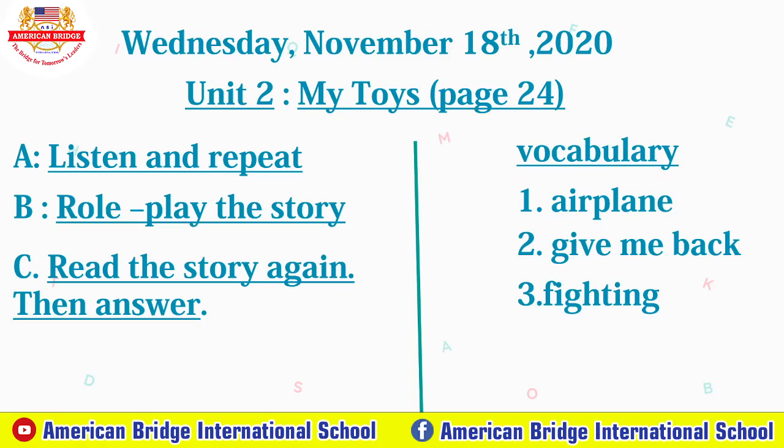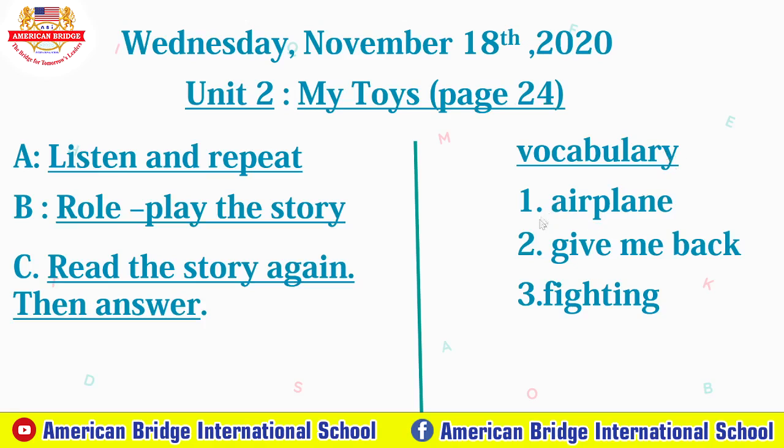So on page 24 we have exercise A, where you need to listen and repeat. After that, move to B, where you need to role play the story. And move to exercise C, where you need to read the story again, then answer, right? Before we go to page 24, today teacher has vocabulary for you also.